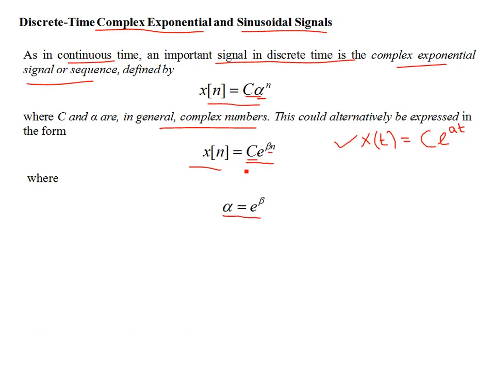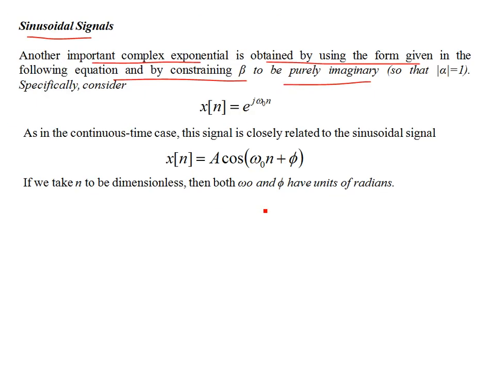Since it is purely imaginary, beta can only take complex values, no real part. So beta is, for example, of the form j omega naught. Okay, so beta is j omega naught, purely imaginary.